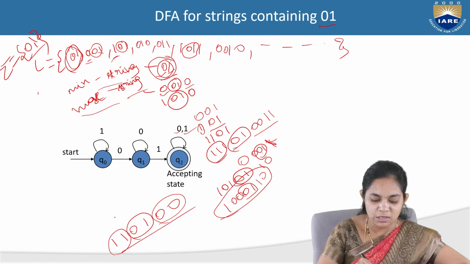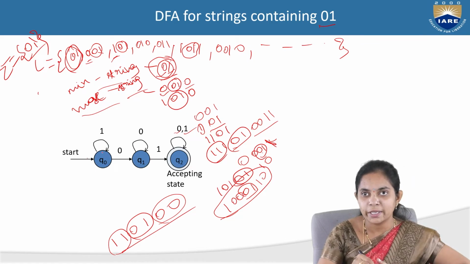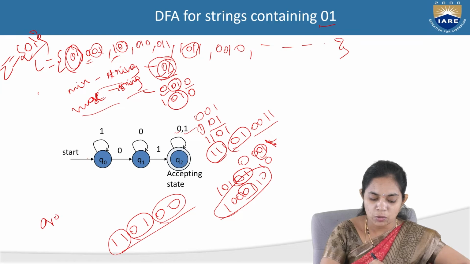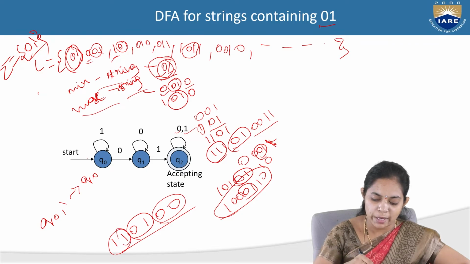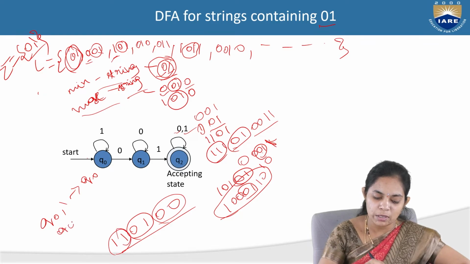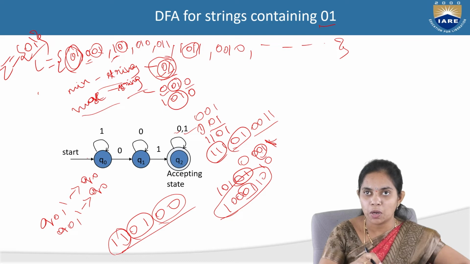For this one, the first step: the first 1 is a self loop. For Q0, with input 1, it goes to Q0 only, a self loop. So Q0 comma 1 leads to Q0 only. After that there is one more 1, and the next state is also Q0.